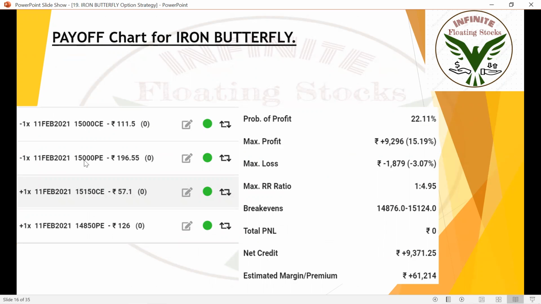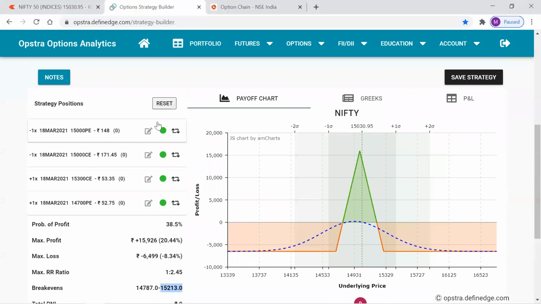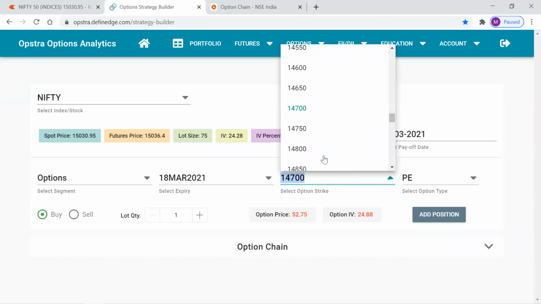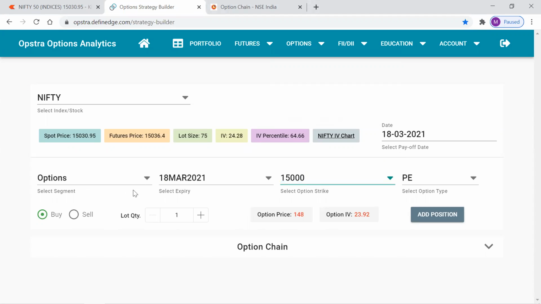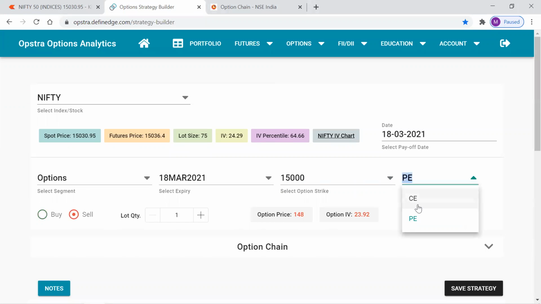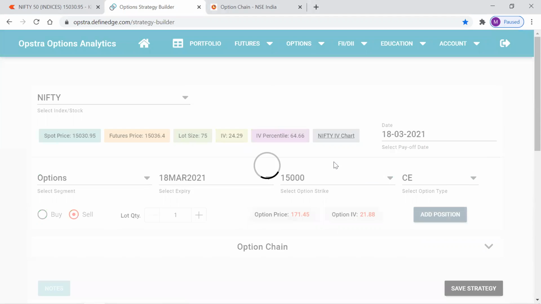See here what I have done. I have sold the at the money call option and the at the money put option, which is 15,000, 15,000. Then I have bought the 15,150 call and the 14,850 put. You can also do that. So what I have done there is I have implemented a short straddle. For that, I have sold the at the money put option and at the money call option.